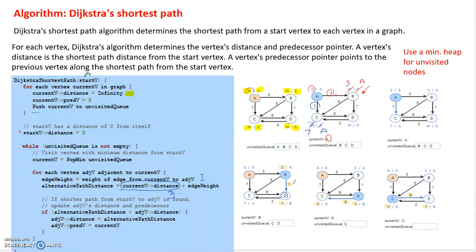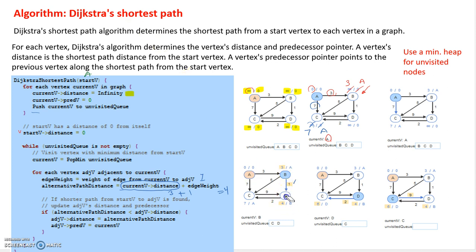So 3 plus the edge weight of 1 gives you 4. And then you go through the conditional statement. Is this 4 less than the distance of D? The distance of D was infinity, and now we update it to 4. And then also update the parent pointer, which will be B.